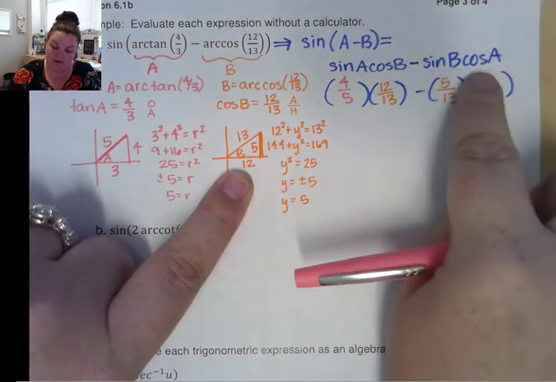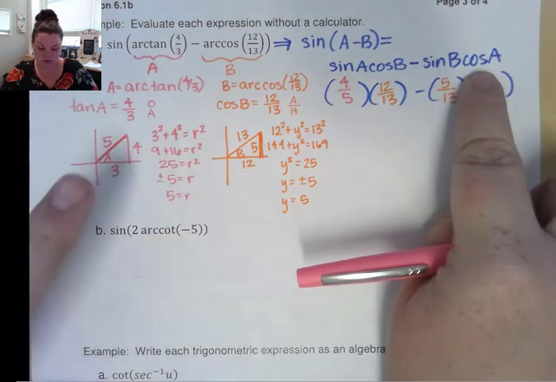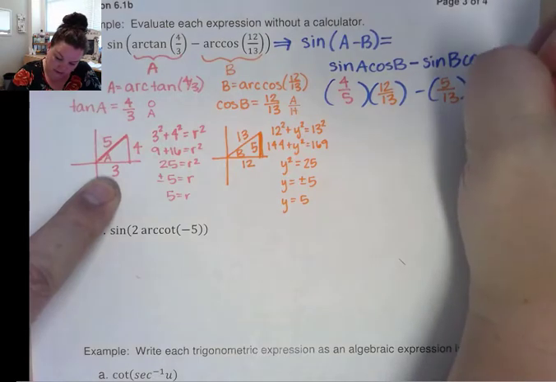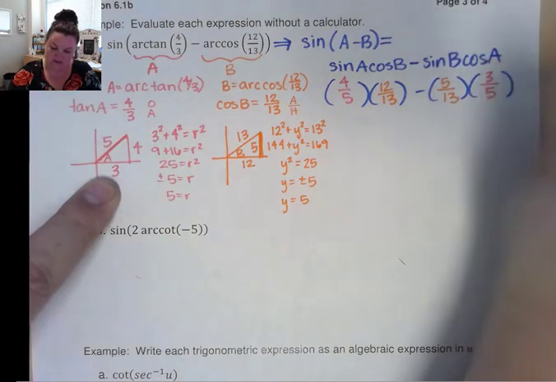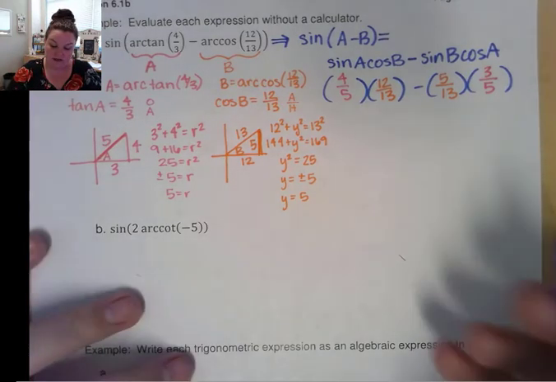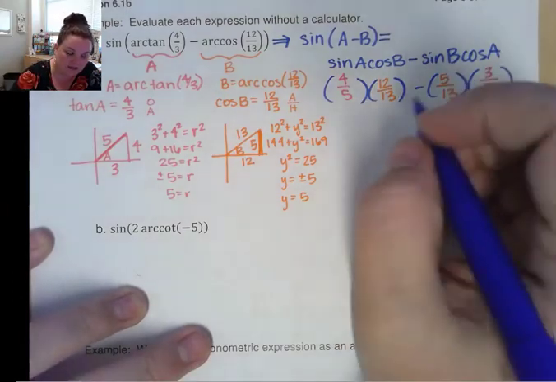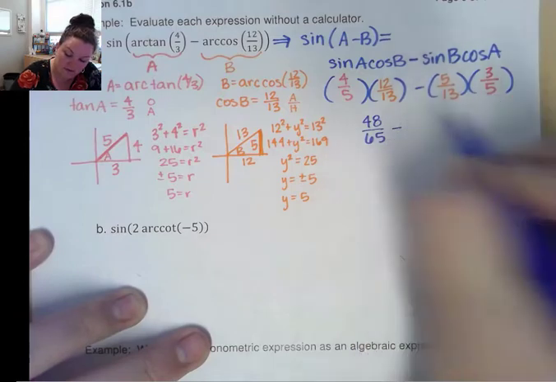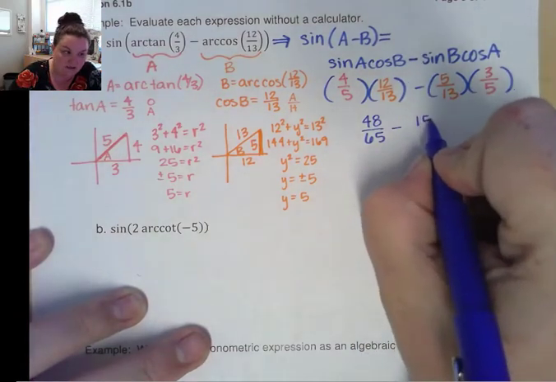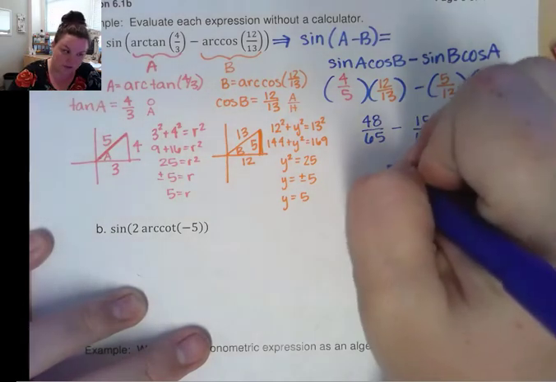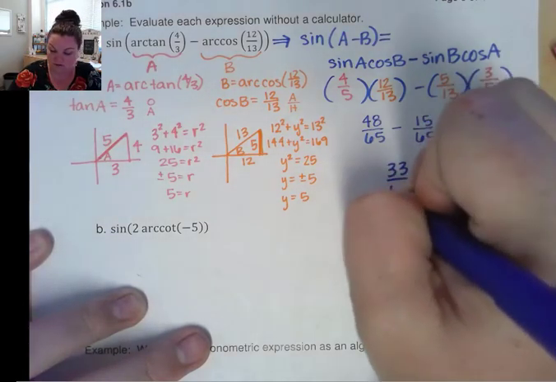Then we fill in cosine A. Cosine A here would be adjacent, which is 3, over hypotenuse, which is 5. Once we have everything filled in, we can simplify. If I multiply these out, that gives me 48 over 65 minus 15 over 65. Then I combine those, which gives me 33 over 65.